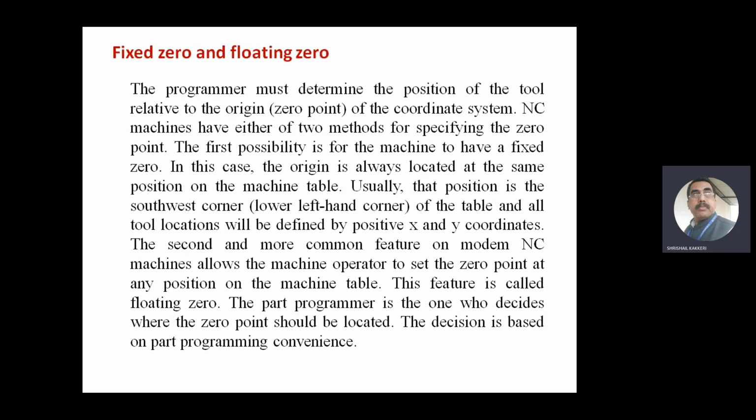It will be very easy for me, and for you also, to understand. Fixed zero and float zero. As I told you, we are going to use robots for machine loading and unloading. You can understand what accuracy is required and what point on the workpiece can be taken as a reference for machining. As we did the home position and raw material selection, you cannot do them in actual industries.